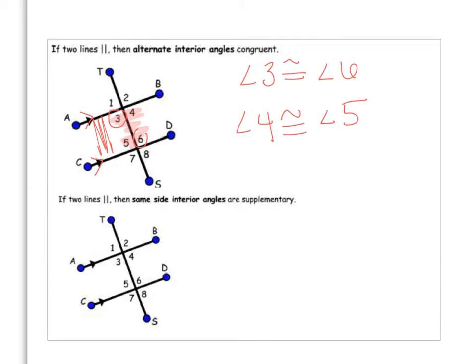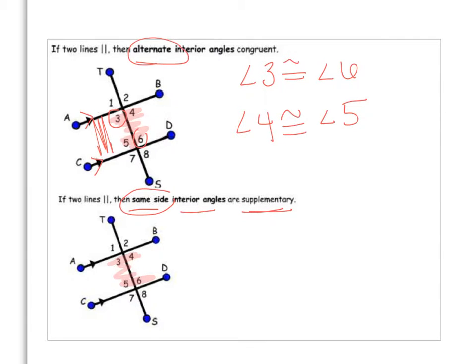Alright, the next one says if two lines are parallel, then same side interior angles are supplementary. So what's on the same side of the line but interior? So again, we're talking interior angles. So we're saying these angles right here. This is different than the ones up here because up here was alternate interior. Here it's same side.